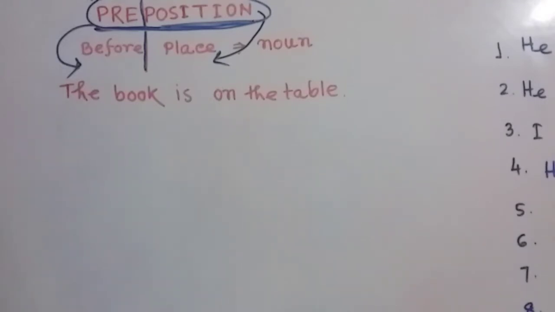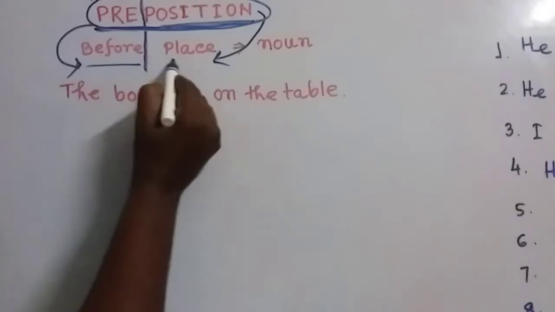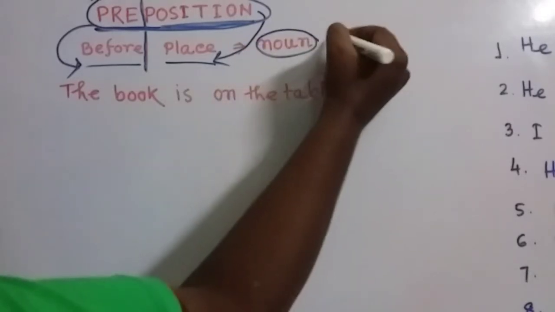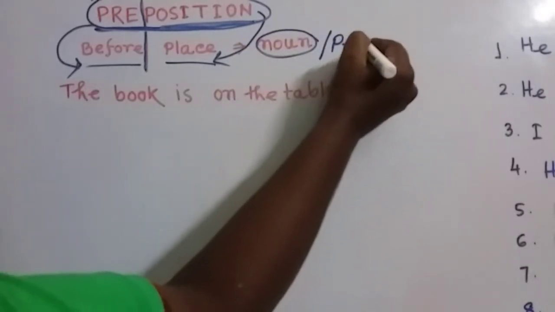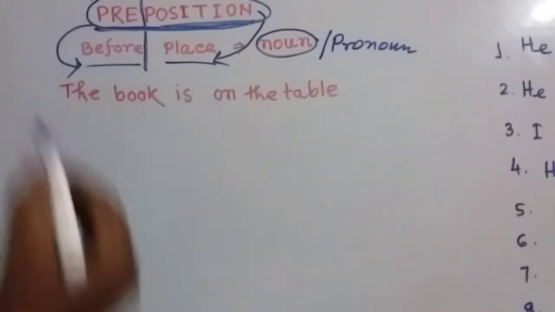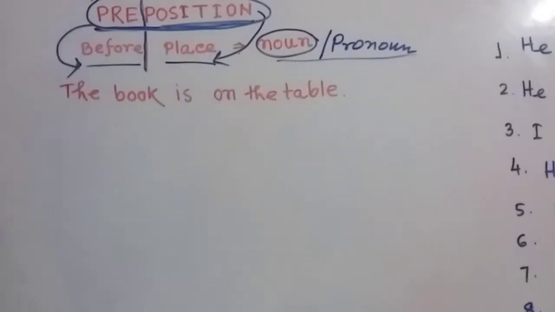This is the primary usage, my dear friends. So "before place" means it is placed before something, and that is a noun or you can say pronoun. That means, my dear friends, the preposition is always placed before the noun or pronoun.